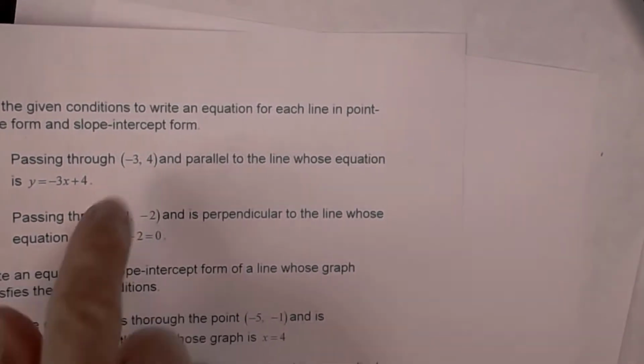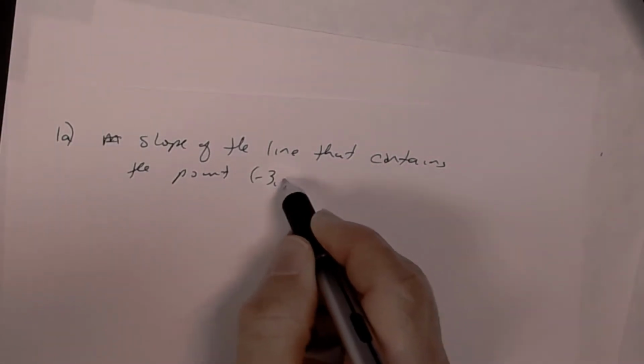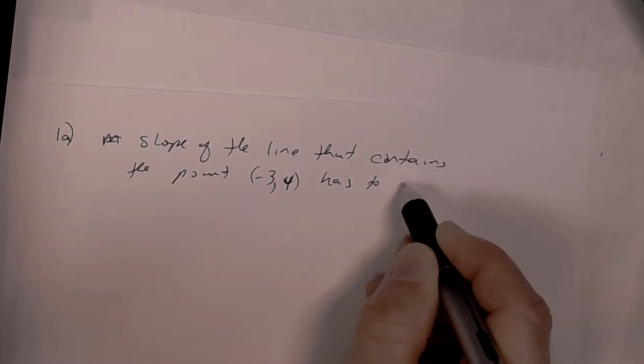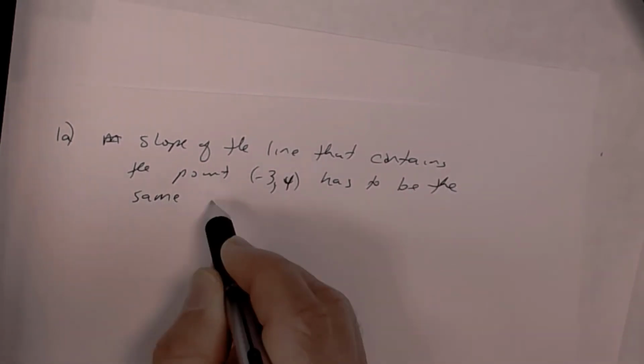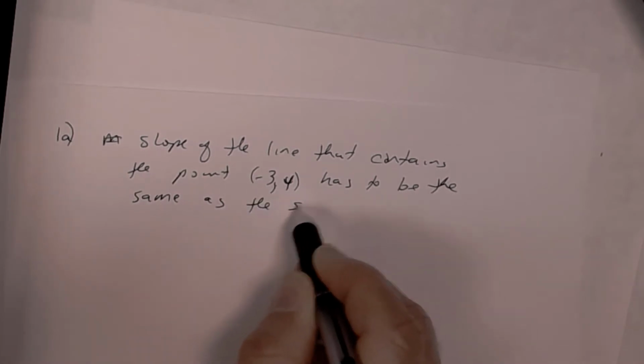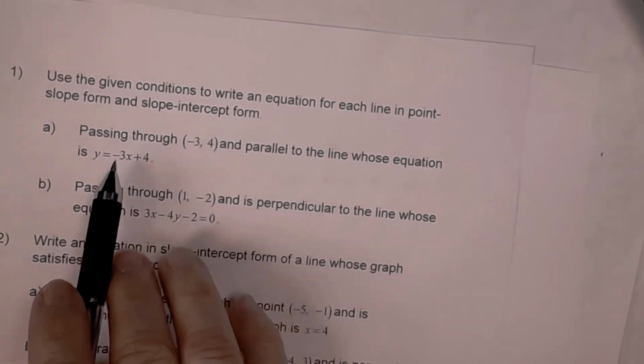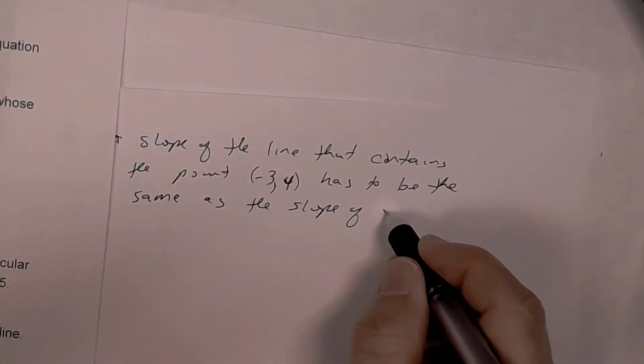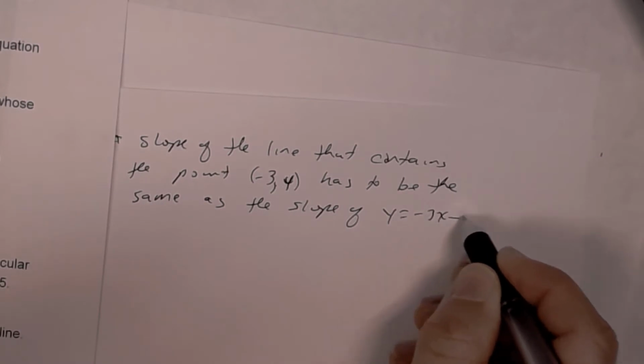So it contains this point, negative 3, 4, and its slope has to be the same as the slope of this line. All right, and why is that? Well, because they're parallel, right? So it has to be the same as that line. So y equals negative 3x plus 4.